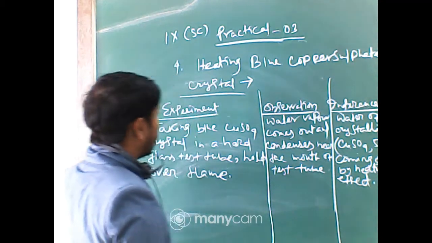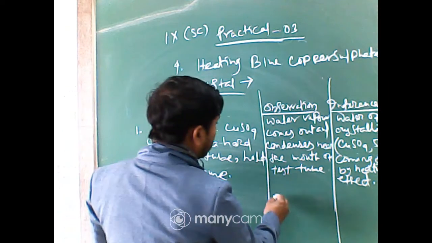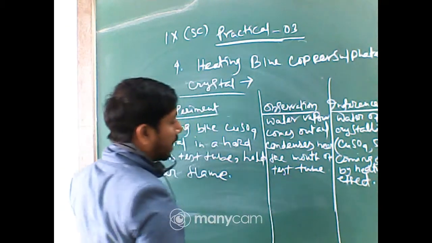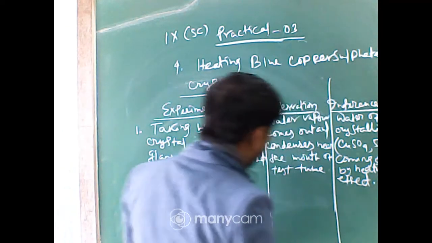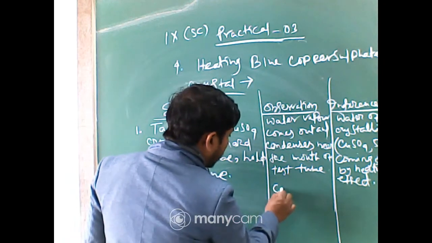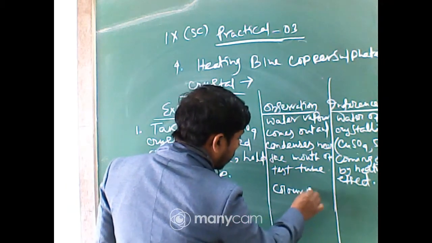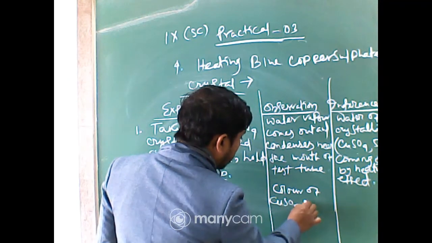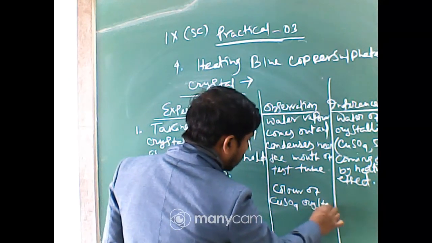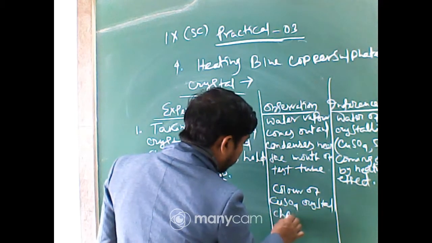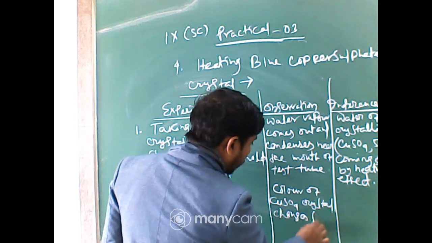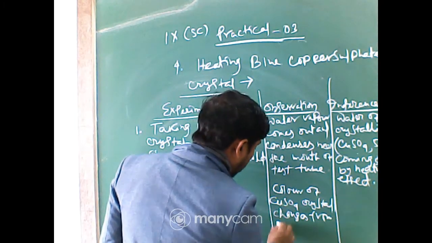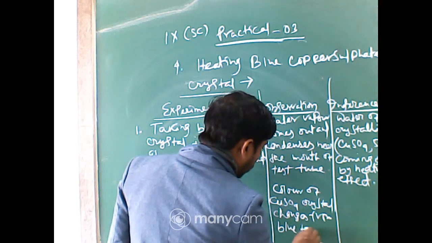Okay. So here in the observation column you will also add one single line: color of copper sulfate crystals changes from blue to white.